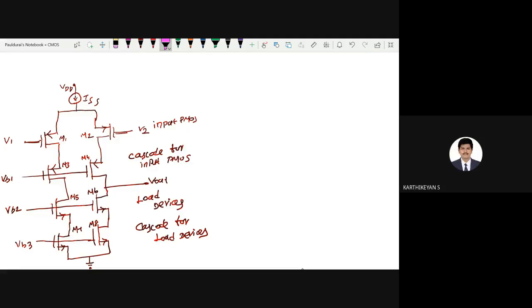No sir. So simply, you want to replace this ISS also by a suitable transistor, right? That's the best practice. Since it injects current from VDD to an arbitrary node, it is a PMOS. Let me call this M0, so this is VB0. Totally 9 transistors. Now it will become 11 transistors.